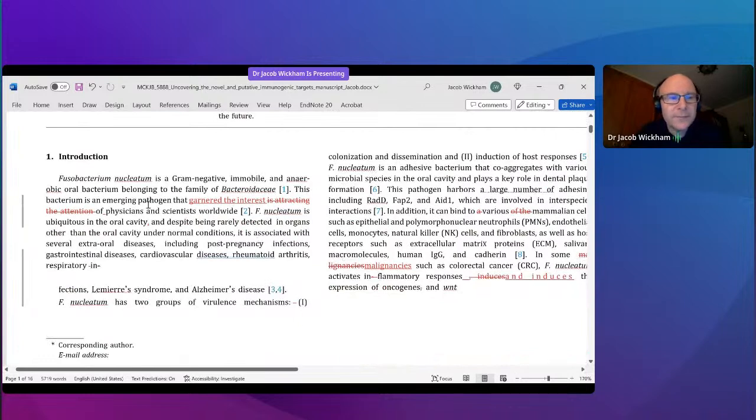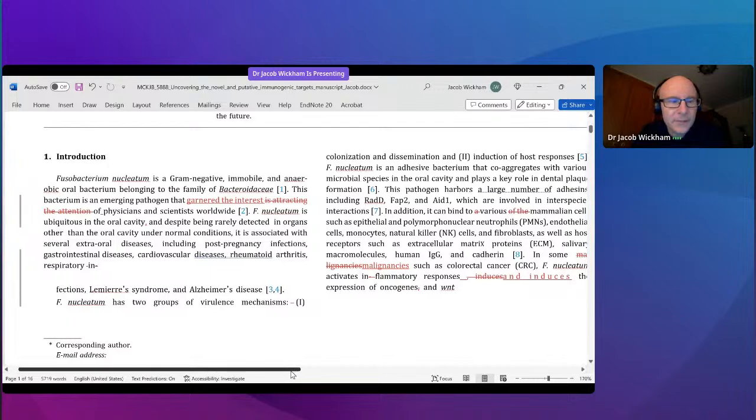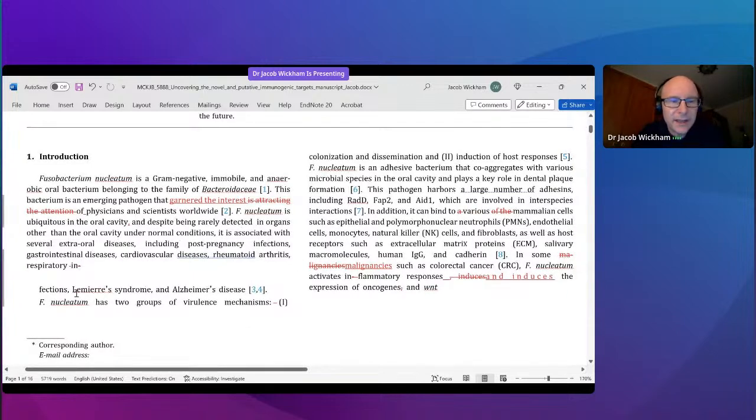Going up to the introduction section, the introduction starts out well. There's just some vague wording here, like "attracting attention." There's a better way to say that: you can say it's garnered the interest of physicians and scientists worldwide. They do a good job explaining the basic diseases from these bacteria in the oral cavity, and explaining all these acronyms: PMNs, NK (natural killers), ECM (extracellular matrix proteins).